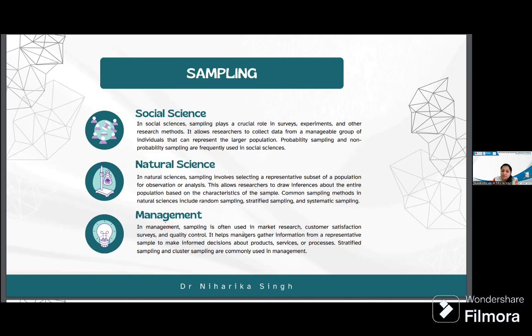In natural sciences, we have part of the non-probability sampling also. Then in management also we use some part of the social sciences sampling, probability and non-probability sampling. So we are broadly categorizing the kind of sampling techniques into probability sampling and non-probability sampling.